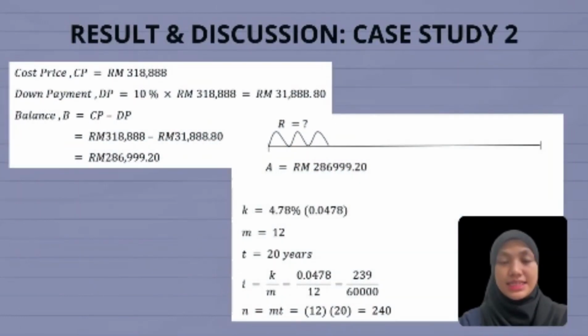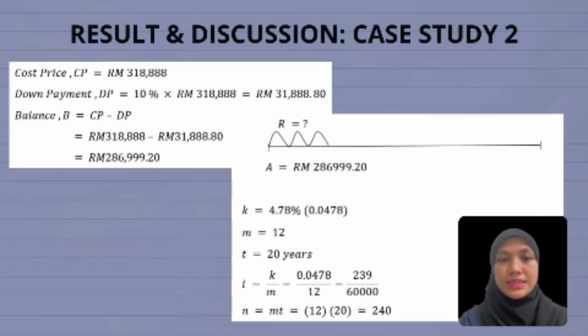In the second case study, we have the cost price, which is CP, 380,888 ringgit. For the down payment, we multiply CP by 10%, and we get 31,888.80.